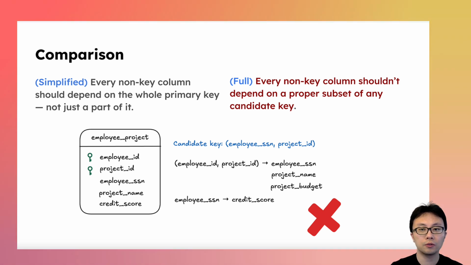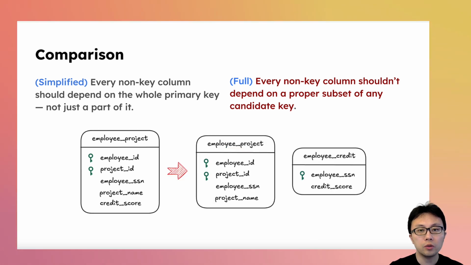Okay? How do you fix the issue? In the same way as you would fix a violation of the simplified version of the second normal form. You will move the columns that depend on only a part of a candidate key to a new table, and keep only those columns that fully depend on a key in the original table.